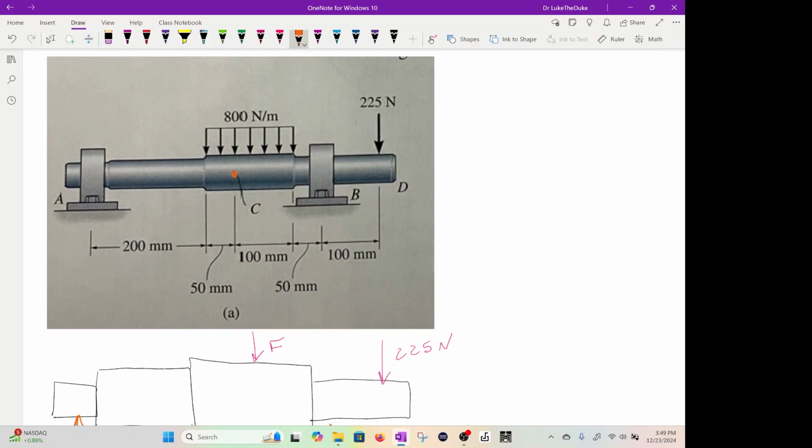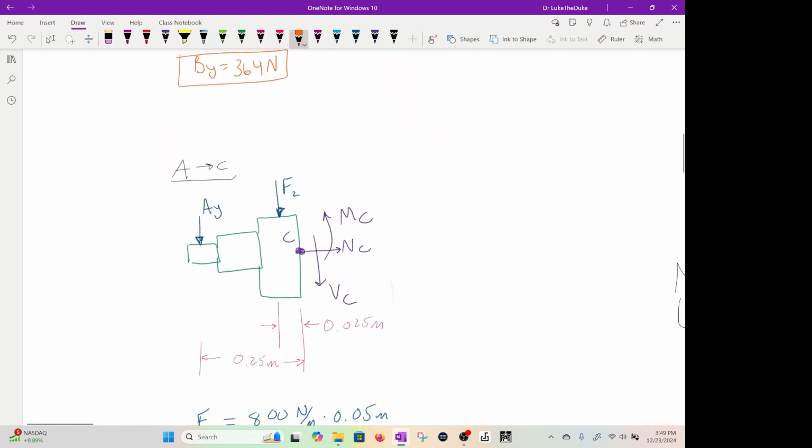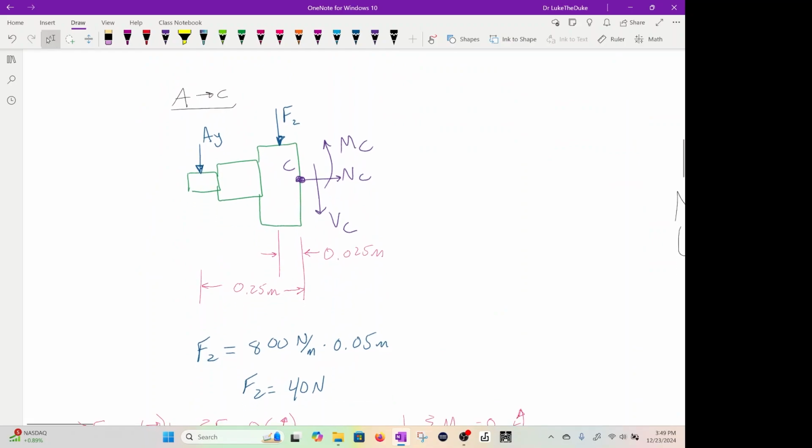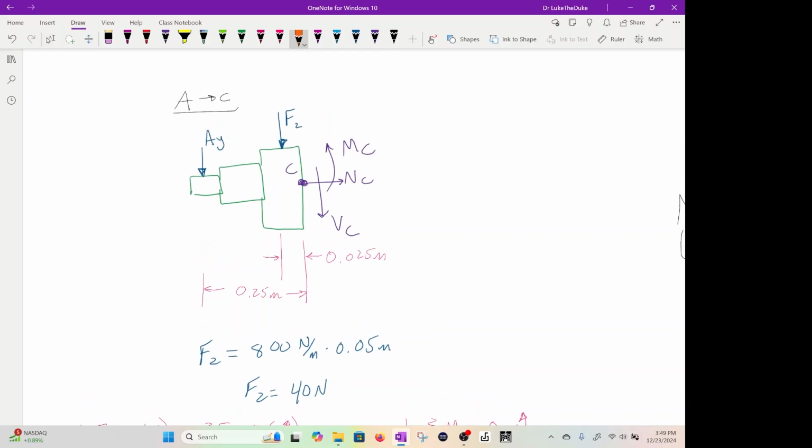So you have to convert 800 times your 50 millimeters to get that force, which acts at the center of that section, which is 0.025 meters, sorry. So 800 times 0.05, 40 newtons. So 40 newtons now is acting on that shaft at the center.